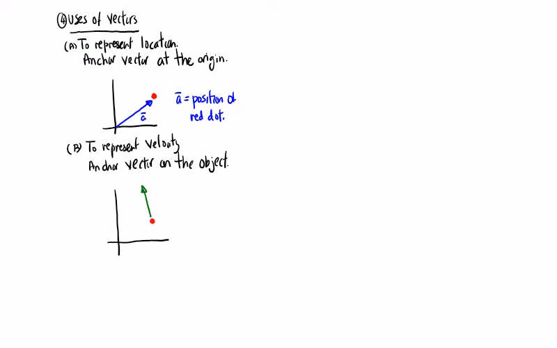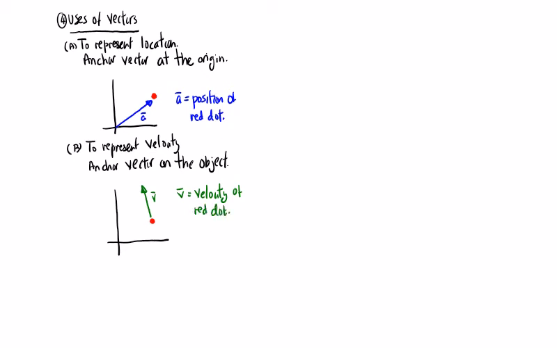This vector, let's say v for velocity, can be thought of as the velocity. And it's not speed. We'll deal with all this in more detail later, but speed is just a number, like 5 miles an hour. Velocity in this case includes direction. This is the velocity of the red dot.